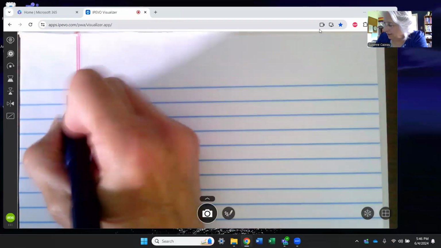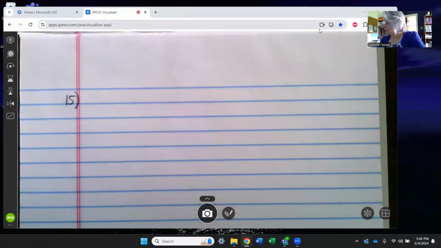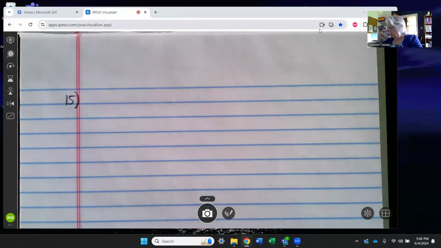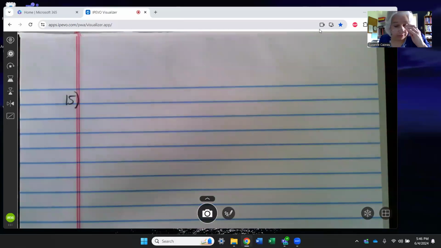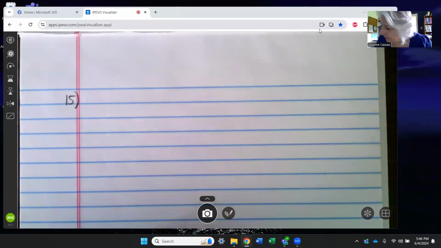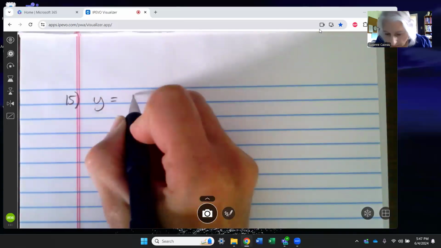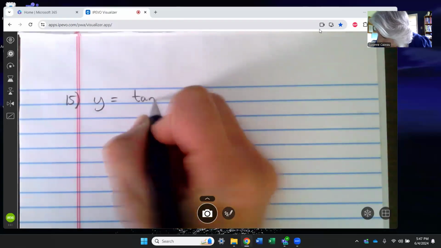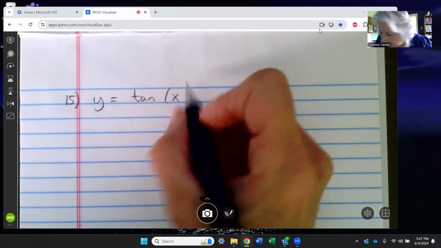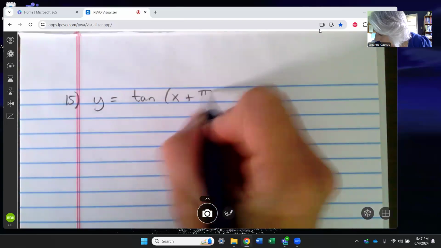Number 15. So now, oh, this one's pretty straightforward. Y equals tangent of x plus pi over 4.